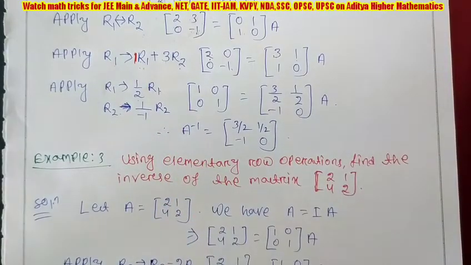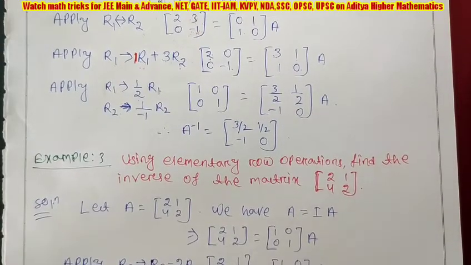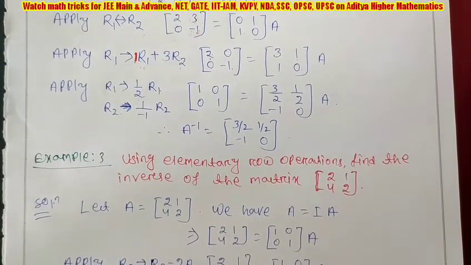Actually, in different textbooks they make 1 first, then they make 0. Then the difficulty you face is that you get some fractions, since first making 1 means multiplying by fractions. But here we are not getting any fractions, so we can easily do the addition and subtraction and take less time compared to that method.